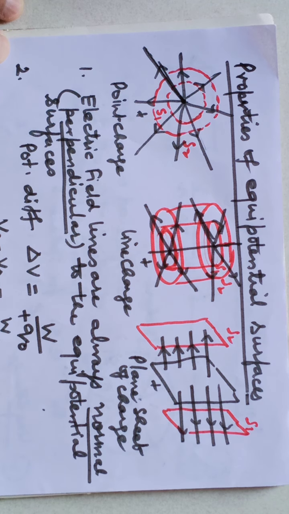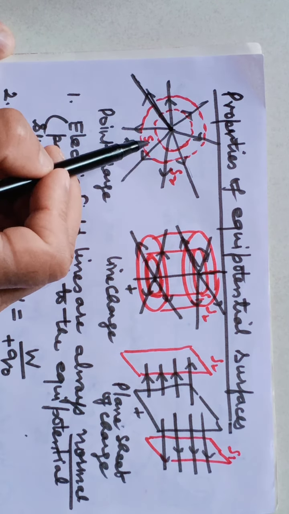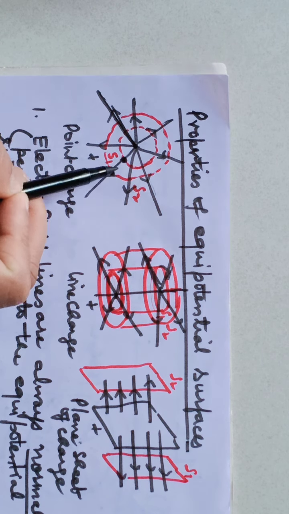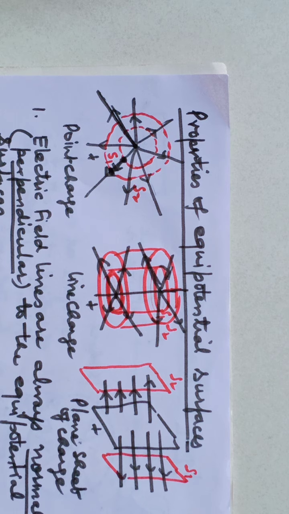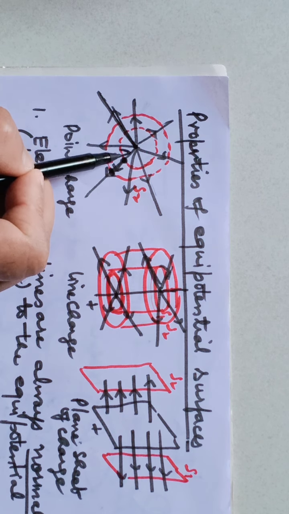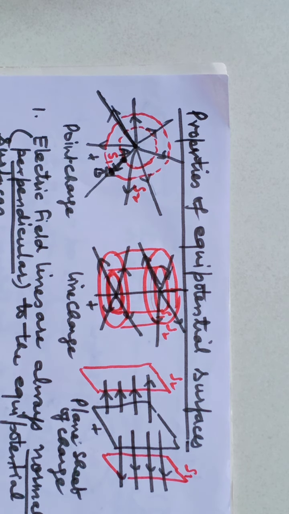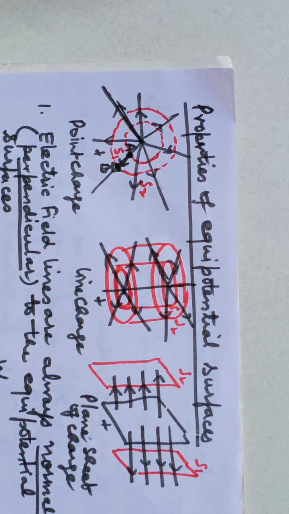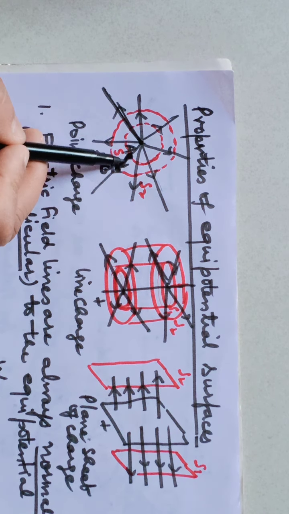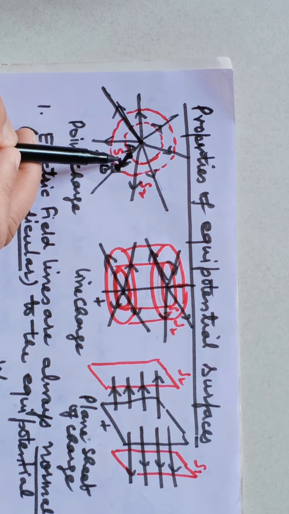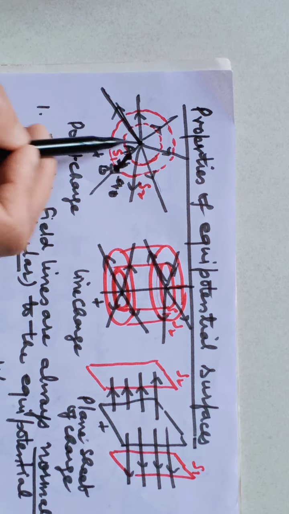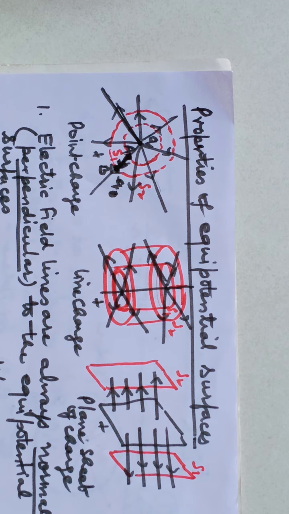Now we are taking the test charge from this surface S1 to this surface S2. So here is point A, there is point B. So VB minus VA is the work done in taking the charge from A to B divided by the test charge. The source charge is Q.